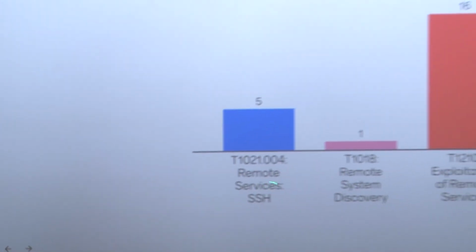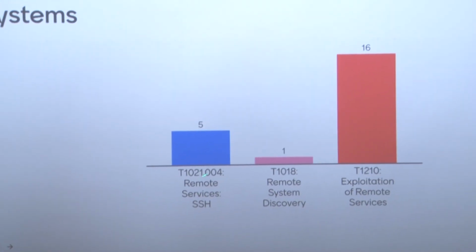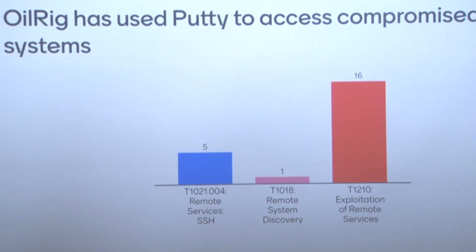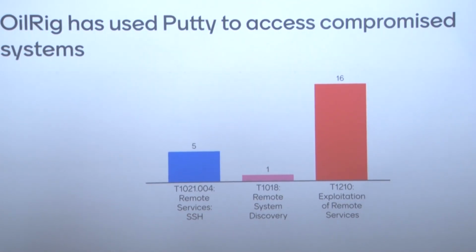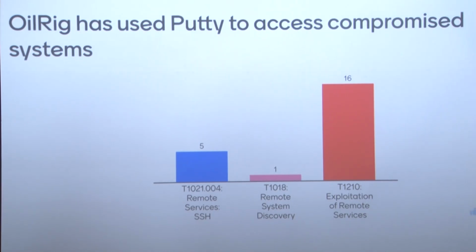PuTTY is for giving remote access, and they are using it with some credentials which they found in some other stage. So, rather than this option, a more feasible one is remote services, T1021, which represents that attackers leverage remote services to access the system. In remote services we have various options for getting that remote access.